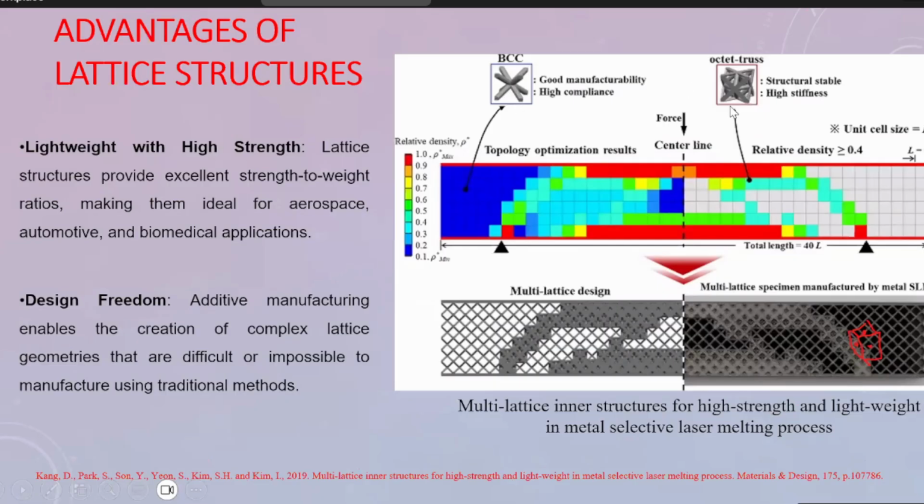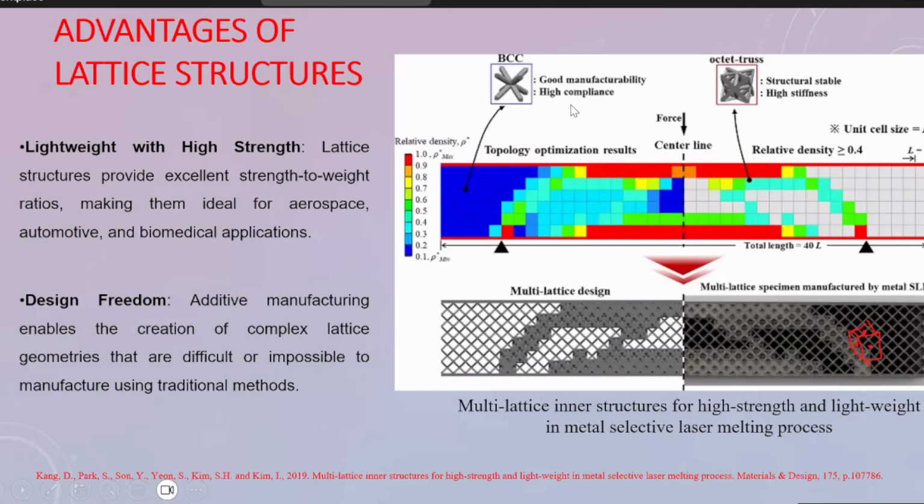And I told you about this octet truss, which is a kind of lattice structure connecting the edges of the unit cell and the center, and everything will be connected with the help of connecting points through single connecting elements. So we can have this kind of lattice structure for higher stiffness.